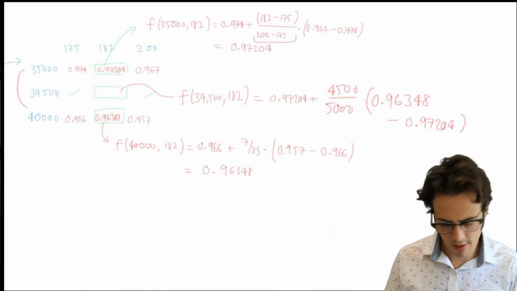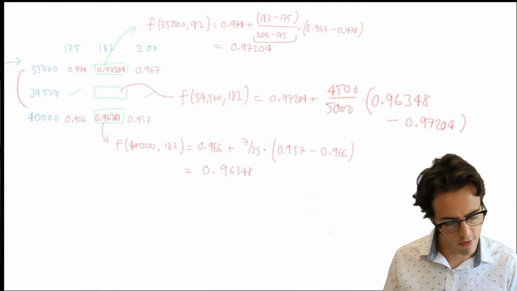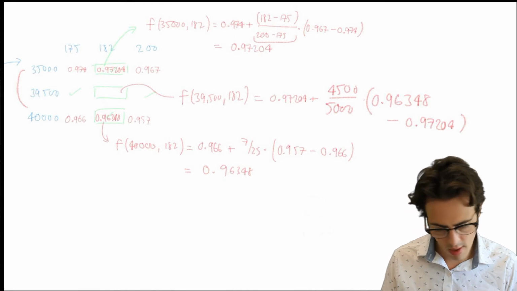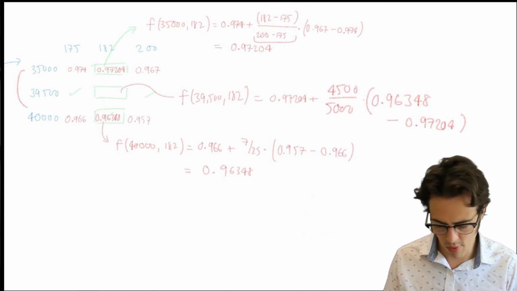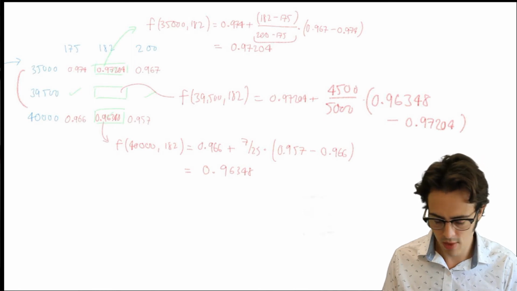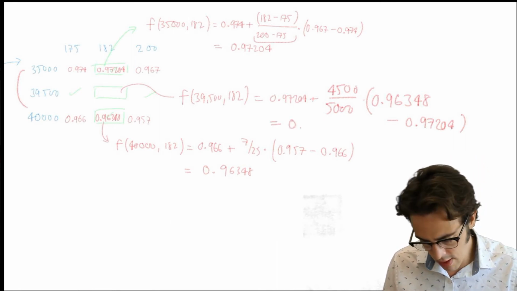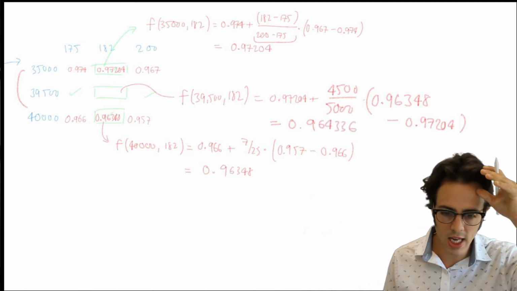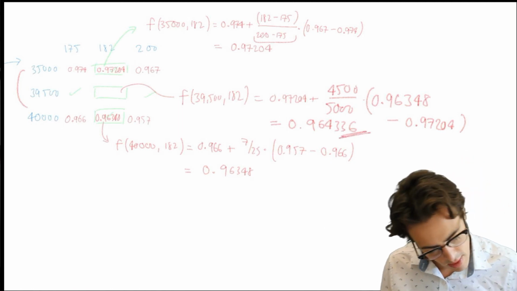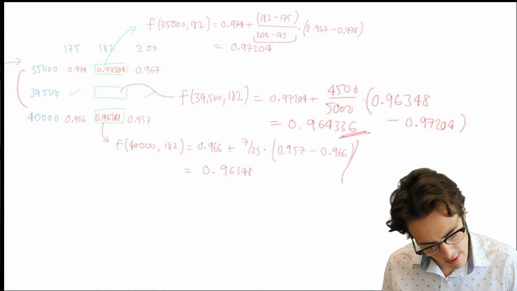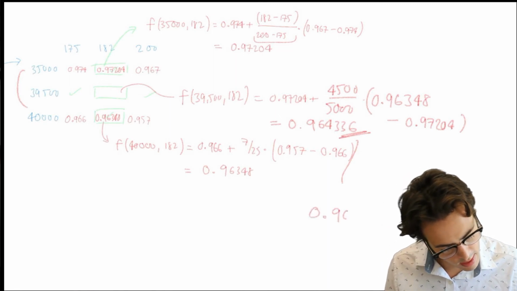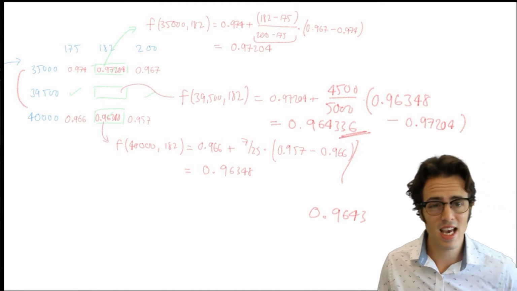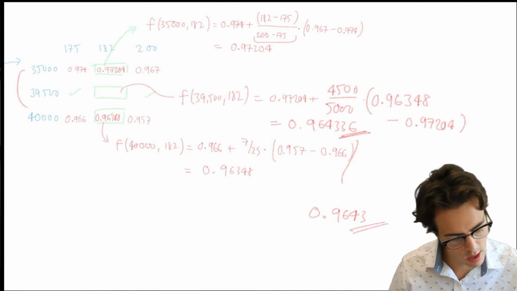So let's put that all on my calculator. 0.97204 plus 45 divided by 50 multiplied by 0.96348 minus 0.97204. That gives me 0.964336, which again is more decimal places than we need. So let's print that out to 4. Let's say this is 0.9643. Probably should only really give it the same number of decimal places as the table, but I'm going to include an extra one for good luck.